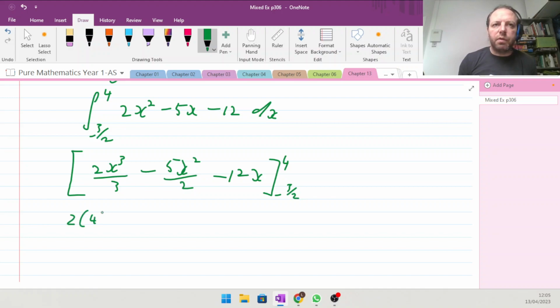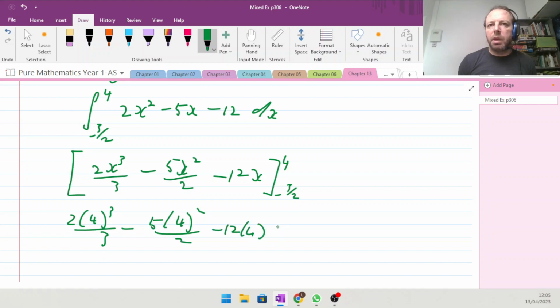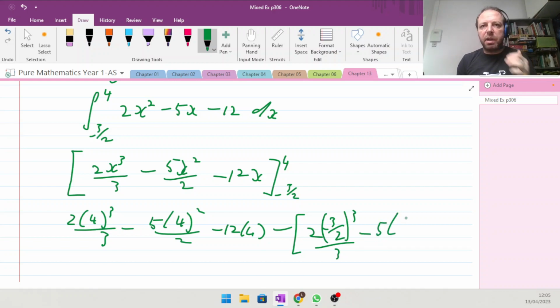Okay, putting that all in then. 2 times 4 cubed over 3 minus 5 times 4 squared over 2 minus 12 times 4, minus 2 times minus 3/2 cubed over 3 minus 5 times minus 3/2 squared over 2 minus 12 times minus 3/2.